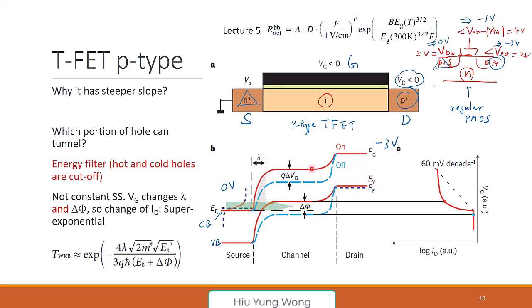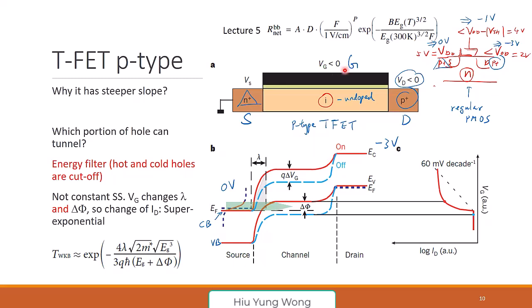At the same time, you have this intrinsic region. Anyone tell me what is intrinsic region? What's the meaning of intrinsic? No doping. Right, undoped. So it means the Fermi level is at the middle, right? Here we don't care that much.